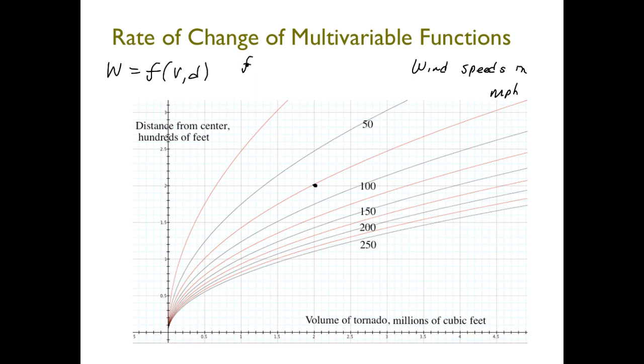Can you predict F_V of 2 comma 2 and F_D of 2 comma 2? How would you do it? Rather than me telling you, talk about it and figure it out. I want the partial derivative of the function f with respect to v at 2, 2, and the partial derivative with respect to d at 2, 2.